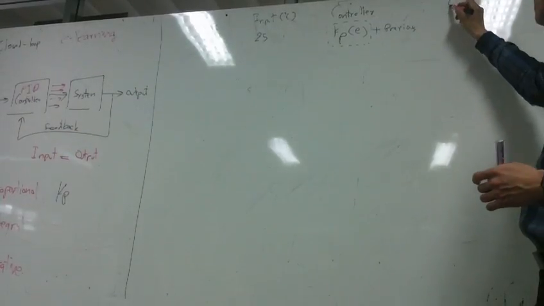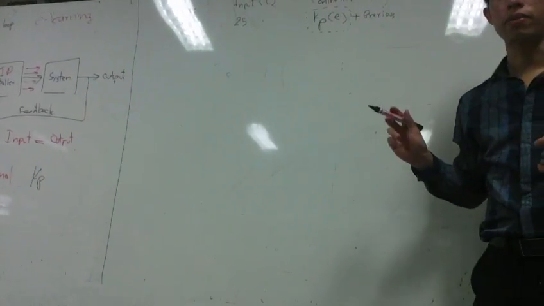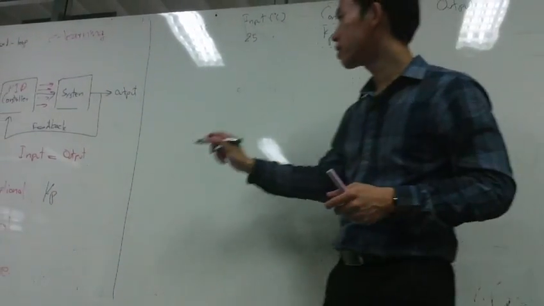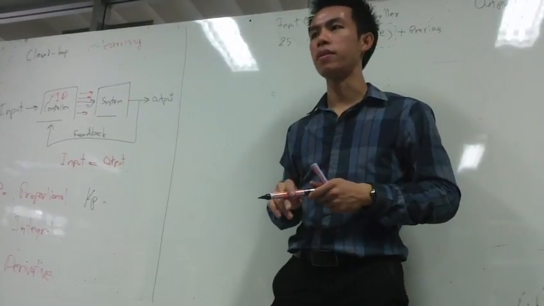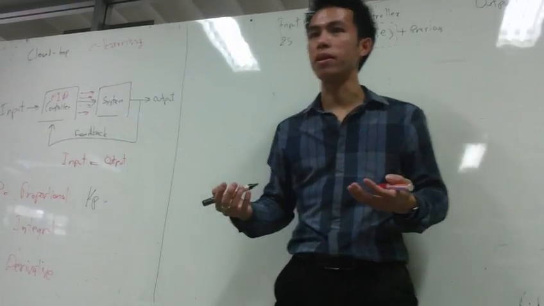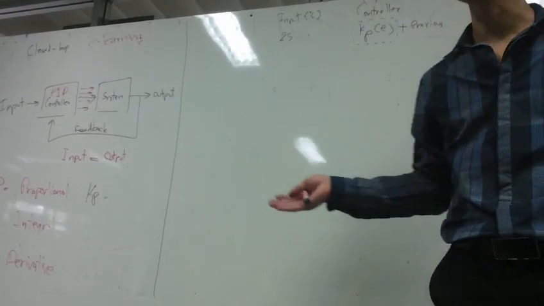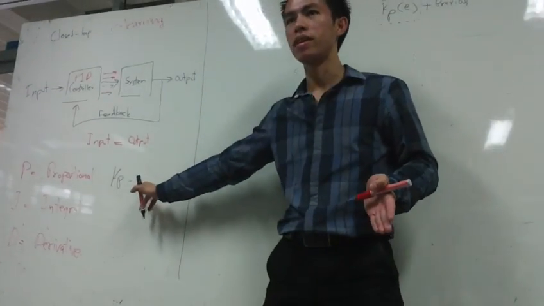Now, we'll see the output. So let's imagine in our control system, what is the KP? You can use any number because we don't know which one is going to be working. So give me a constant, anything.